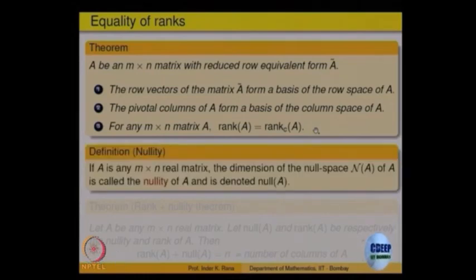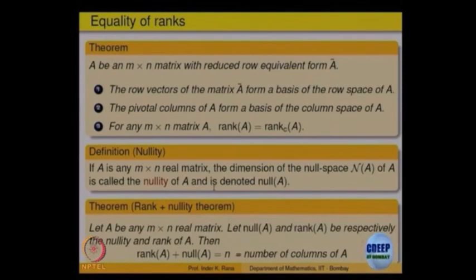One introduces the null space, remember Ax is equal to 0, all the vectors x satisfying that is called the null space. So, dimension of the null space is called the nullity of the matrix A. And there is a theorem which says that given a m cross n matrix, if you add up the rank of the matrix with the nullity, the sum of these two is equal to n, the number of columns of A. These two always add up and give you number of columns.